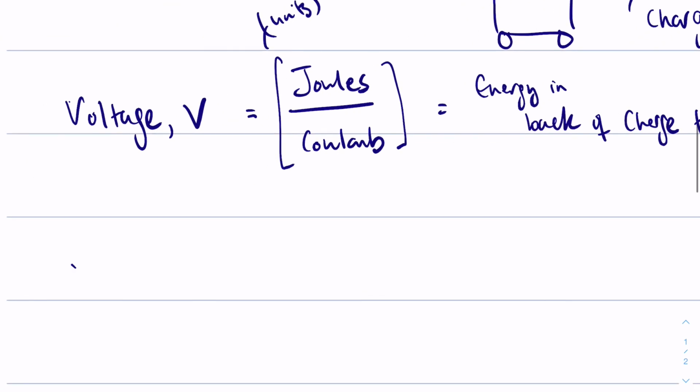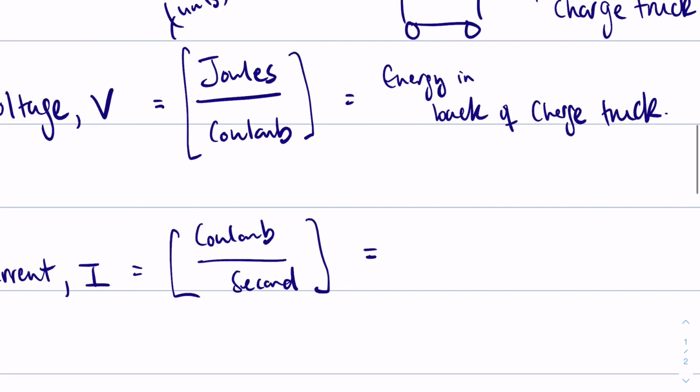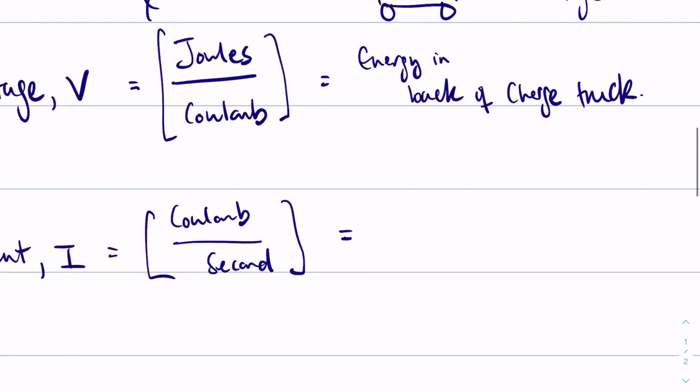My current, I, is equal to coulombs per second, officially. In my model, if my charge truck is a certain amount of coulombs, it's a Coulomb truck, then the number of trucks that go past each second is my current.